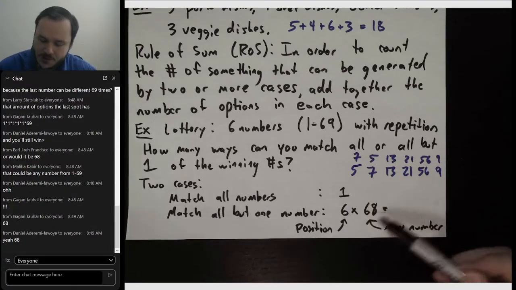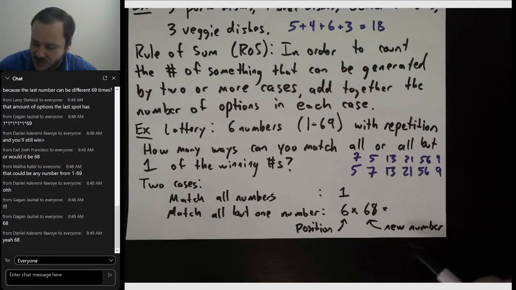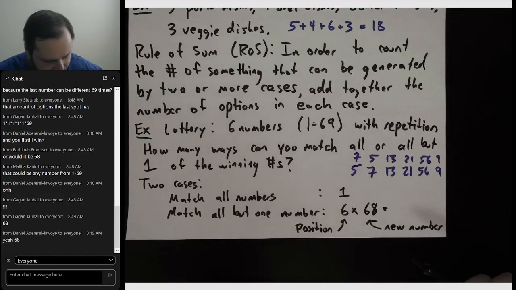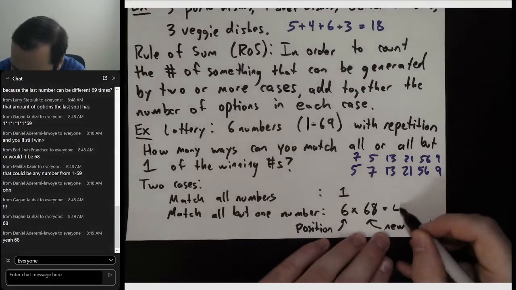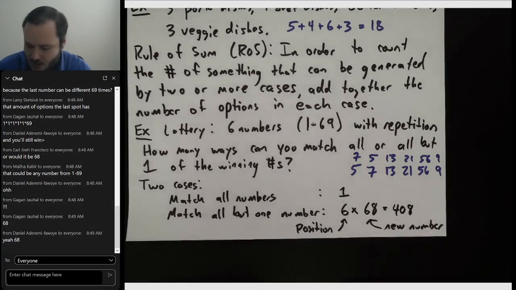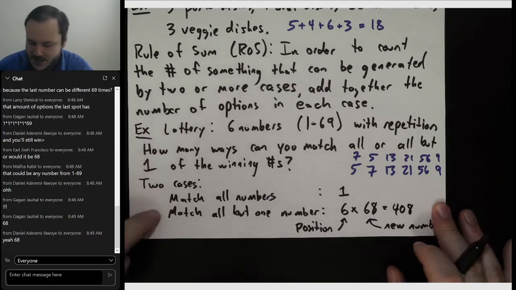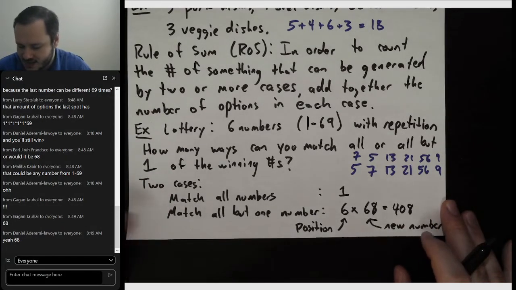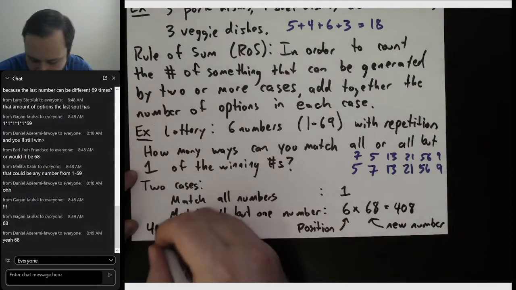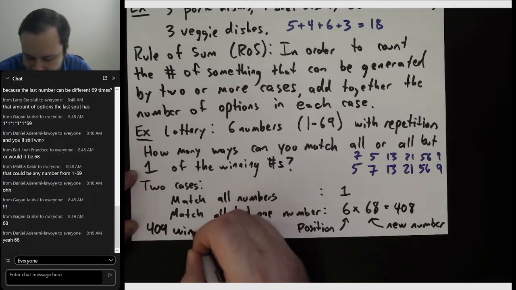Different choices, but always 68. So I'm allowed to use rule of product. So 6 times 68 gives me 408. And now I can use rule of sum to add my disjoint cases together and get 409 winning tickets.